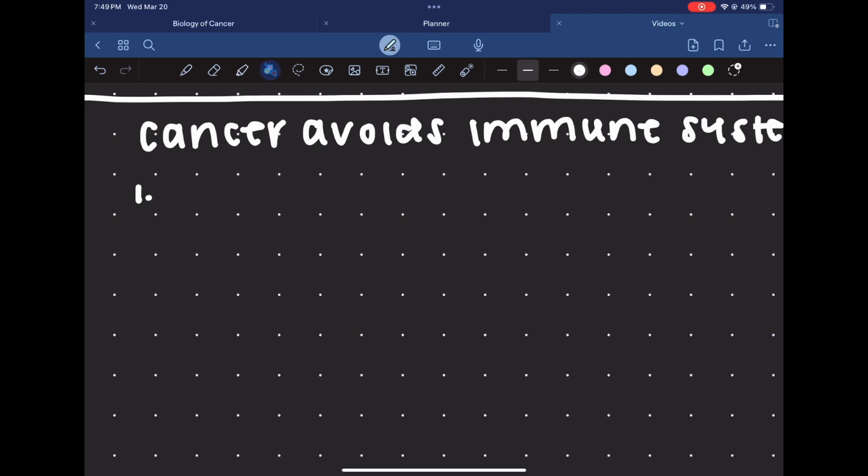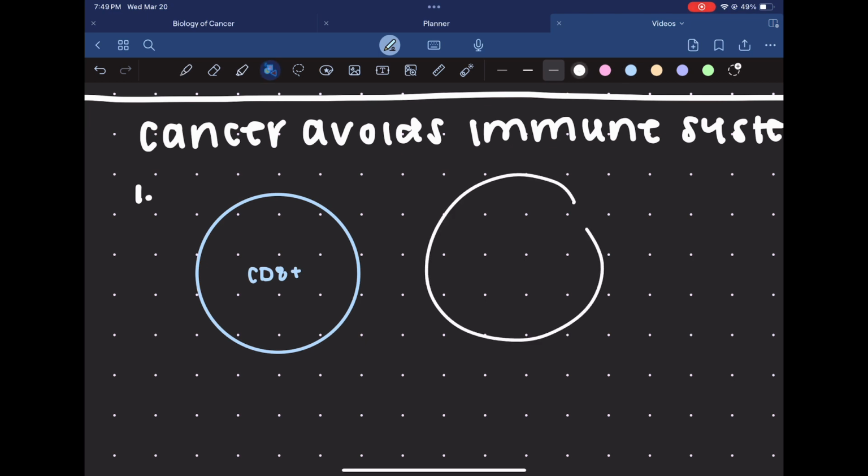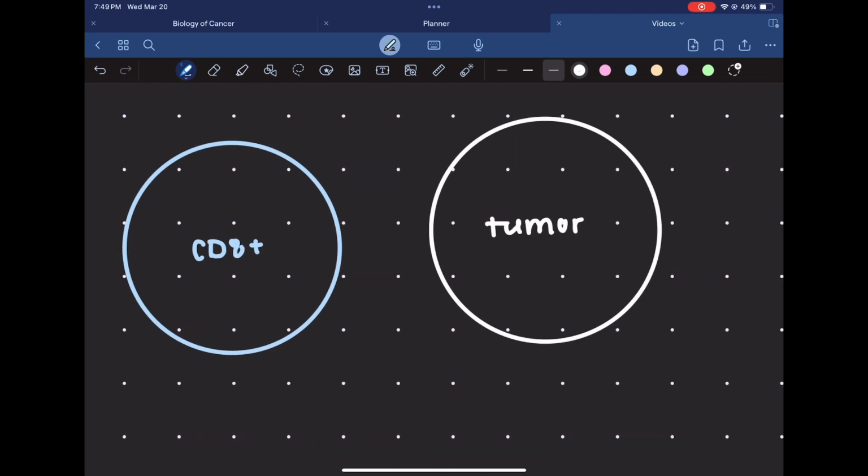So in order for cancer to be detected by a cytotoxic T cell, I just draw out my tumor cell really quick. Part of the interaction that occurs is having this MHC1 molecule present an antigen, which is recognized by the T cell receptor.